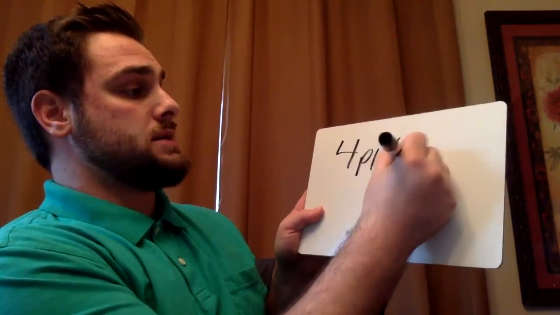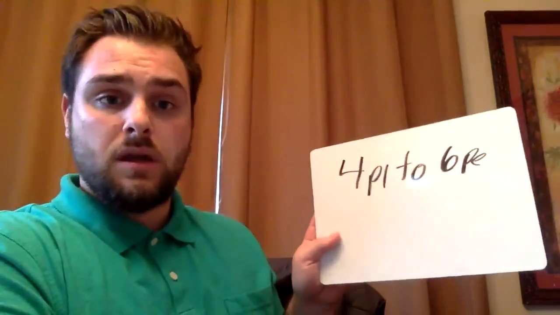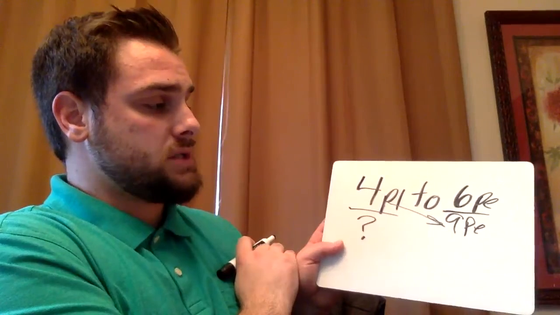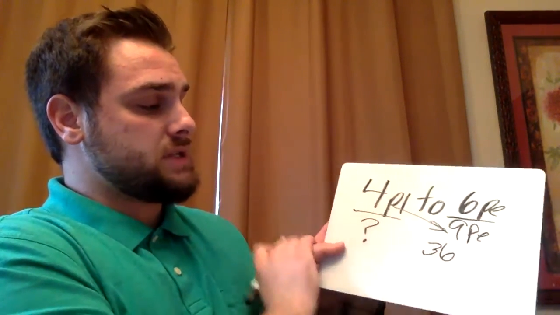How many plants would you have to 9 people? Now we have 9 people, and we don't know how many plants. So we cross multiply. We multiply 4 times 9 or 9 times 4, either way is fine. You get 36 because 4 times 9 is 36.